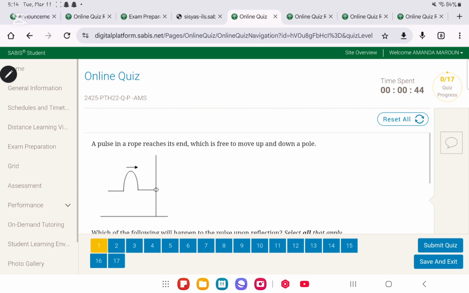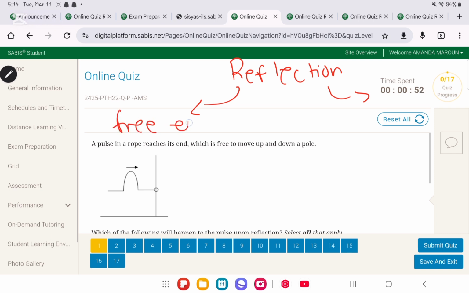Let me make a table. When we are dealing with reflection, we have two types of ends. We have either a free end or a fixed end. For the free end, the pulse will not be inverted.